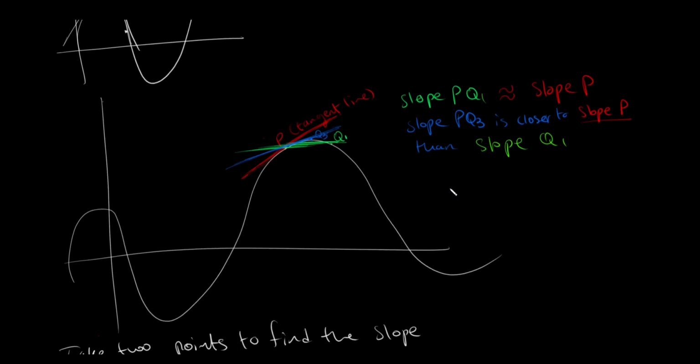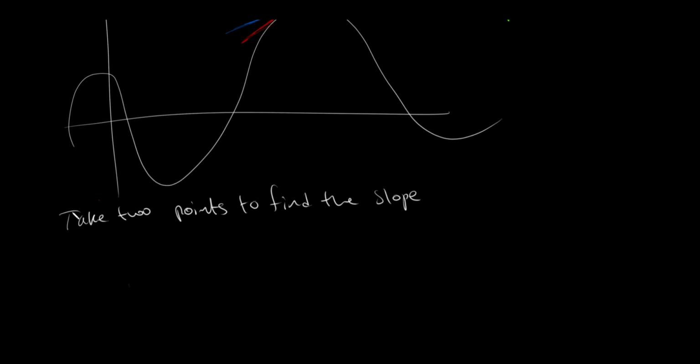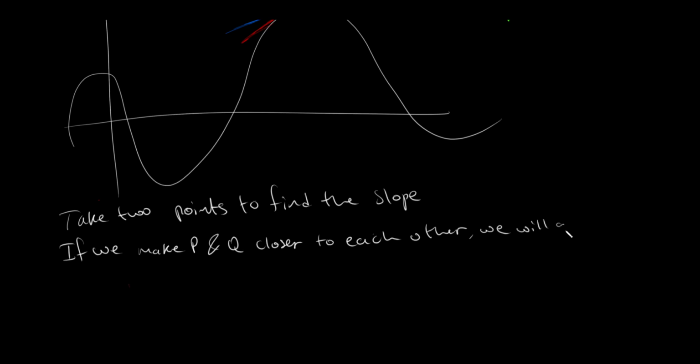If we make P and Q closer to each other, we'll get a more accurate tangent line.